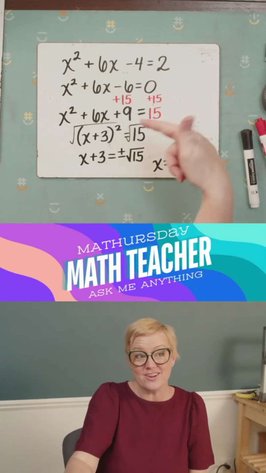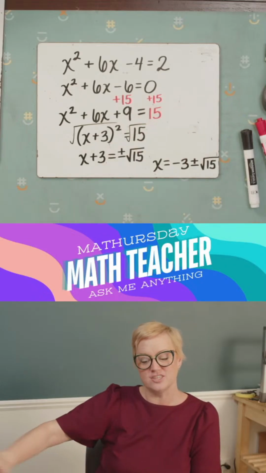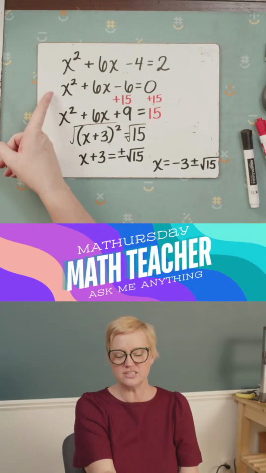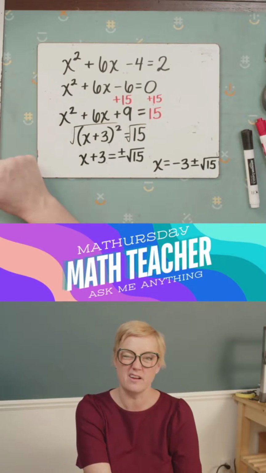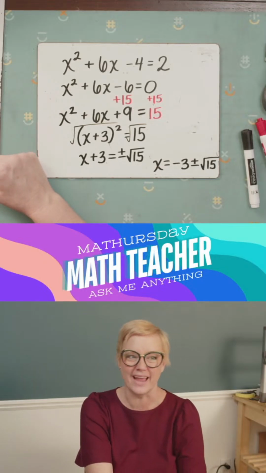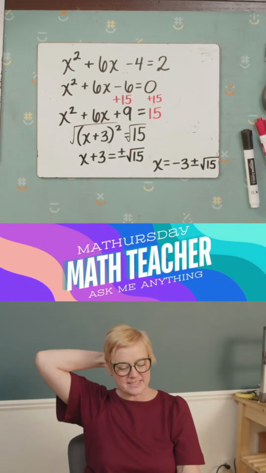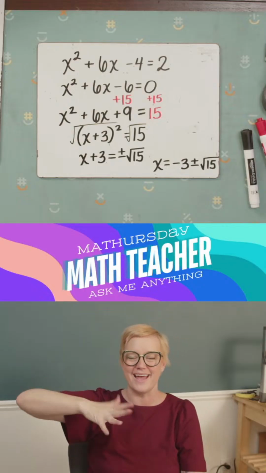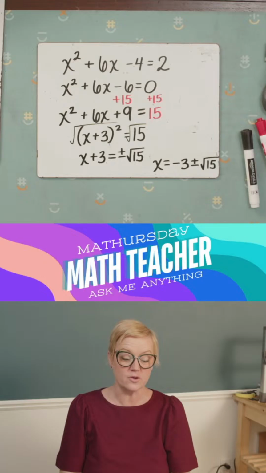So why not use it to force it into an easier way to solve that problem? It's way easier to do this than to try to do the quadratic formula. I don't like using the quadratic formula. It's just messy. If you can use completing the square or factoring or square root, I just use those. So yeah, I love completing the square.